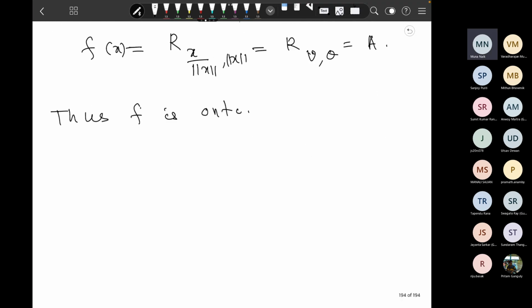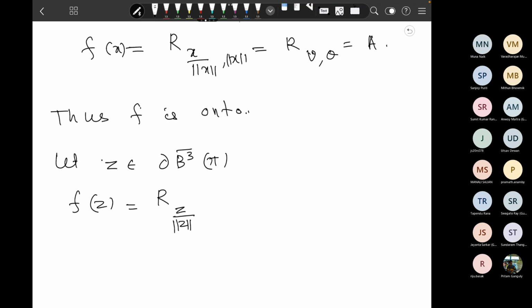So f is continuous and onto. Let z belong to the boundary of the closed ball of radius pi. So what is f of z? f(z) is equal to R of z by norm z, into z, and norm z is equal to pi. So this is R of z by pi, into pi.